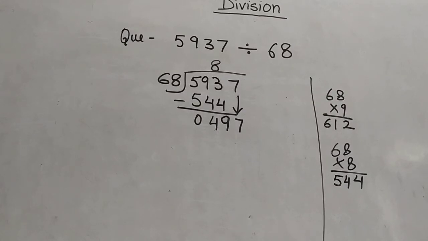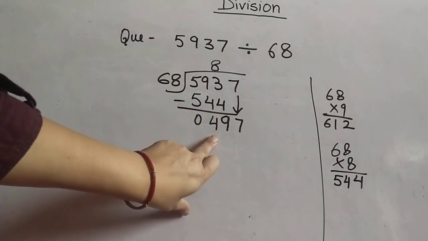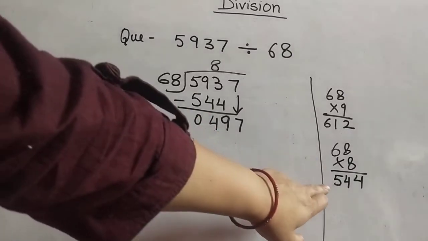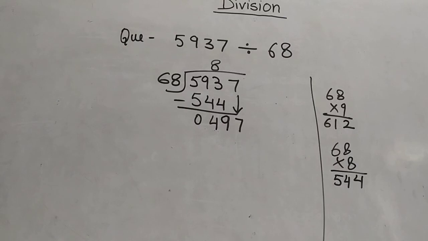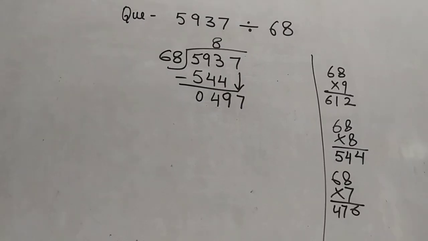Now, to get the nearest number, again we'll do the mental calculation. Remove this 8 and 7. 6 8s are 48, means 68 8s are, already we have that, 544, which is greater than 497. So, we'll find out 68 sevens are. 68 sevens are 476, which is smaller than 497.